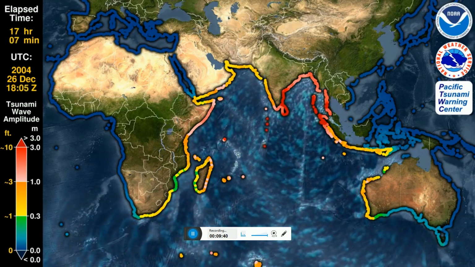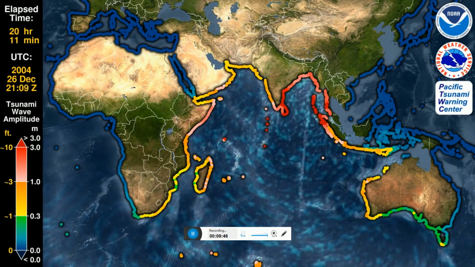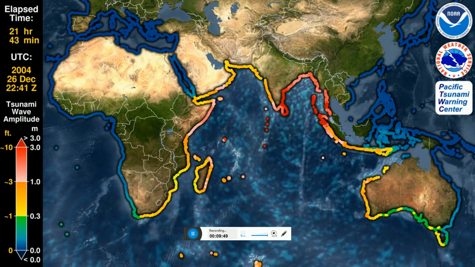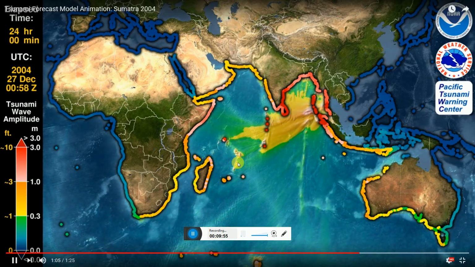Okay, it doesn't exactly show in this animation, but the waves propagated across the entire planet into every ocean, with the highest waves being in the Indian Ocean itself, but the waves also propagated into the North Atlantic towards the United States, Canada, Iceland, Greenland.